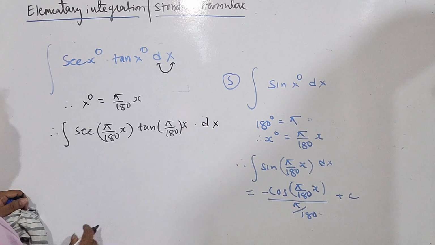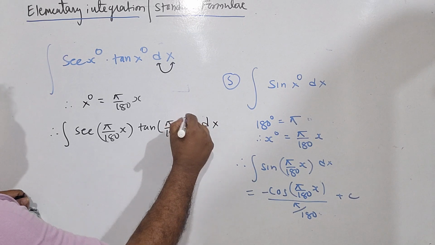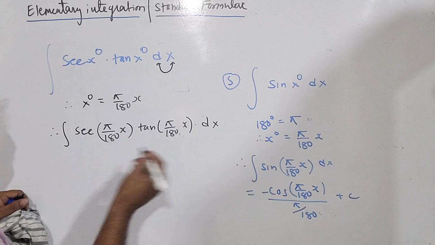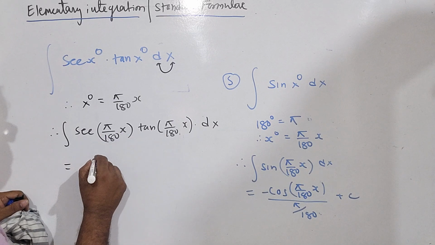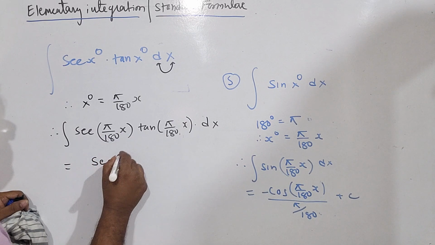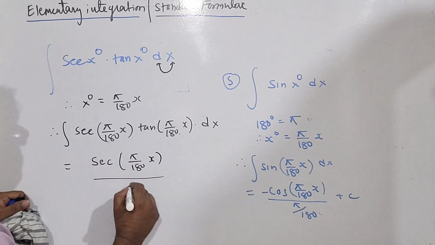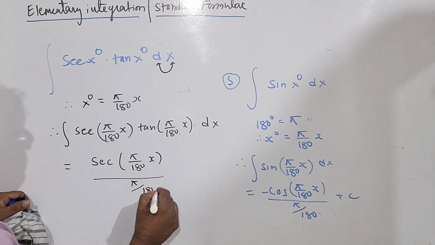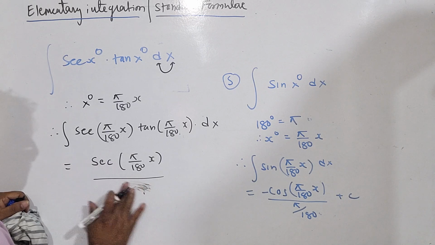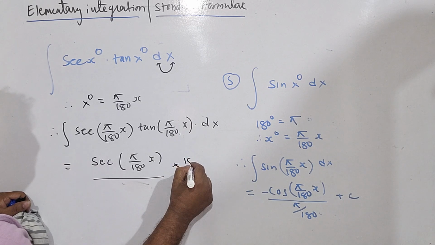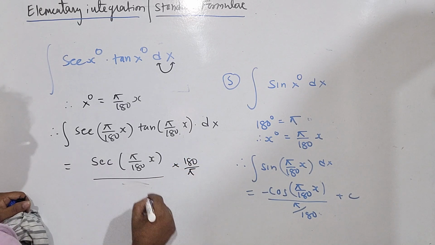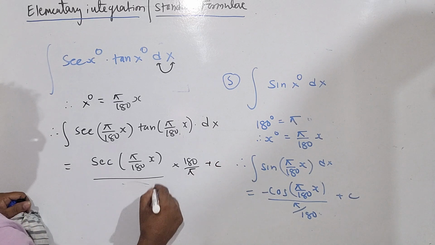Correct? Fine. Now the integration of sec x tan x is what? Sec x, no? So therefore this is sec of pi by 180 of x divided by pi by 180. This division by pi by 180 can be written as multiplication by 180 by pi, and of course plus c. This is your answer.